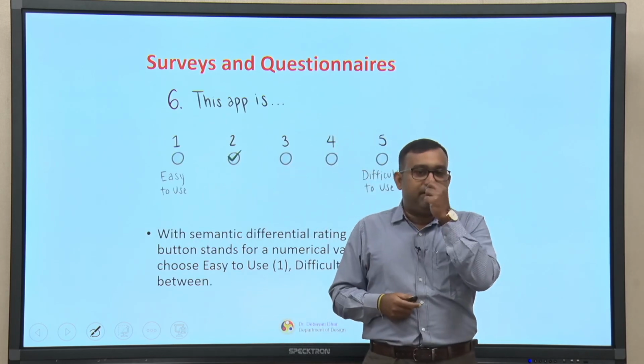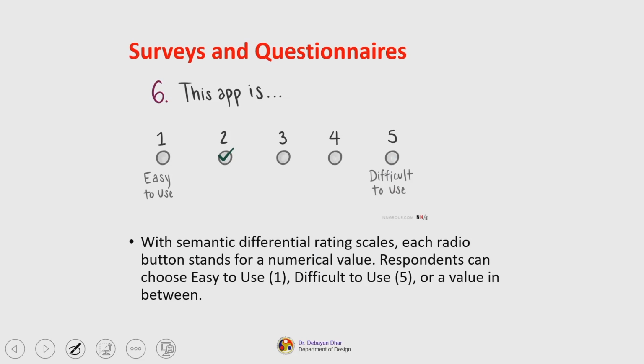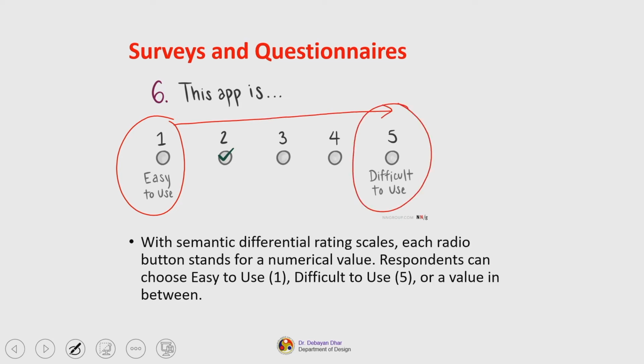I have taken an example figure from the Nielsen Norman Group, which says that, for example, you have an app and you say that 1 stands for easy to use and 5 stands for difficult to use, and you ask the person to rate. So, they may click here or here or here, whatever it may be. What you see here are the qualitative states. This is easy, this is difficult.